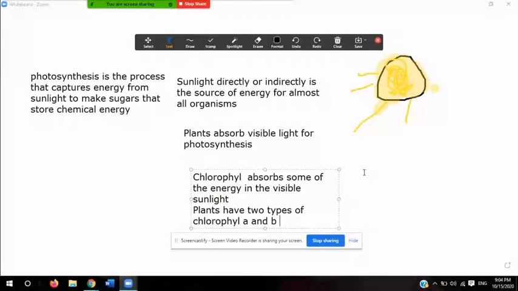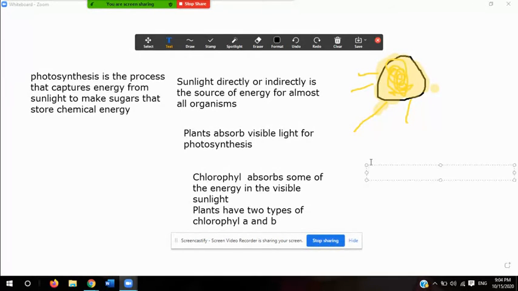It says together the two types of chlorophyll absorb mostly red and blue wavelengths. And again, the red and blue wavelengths have a lot of energy.